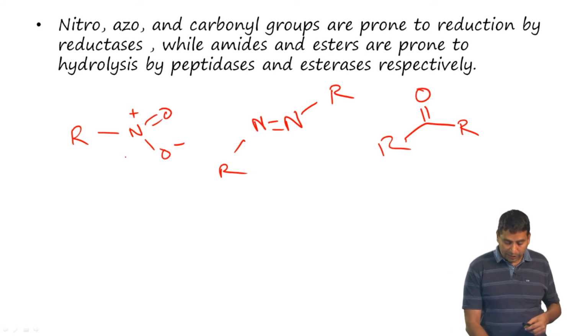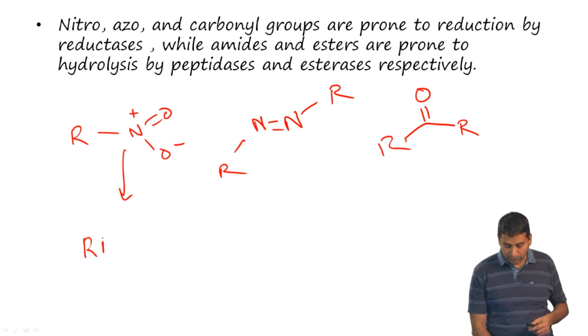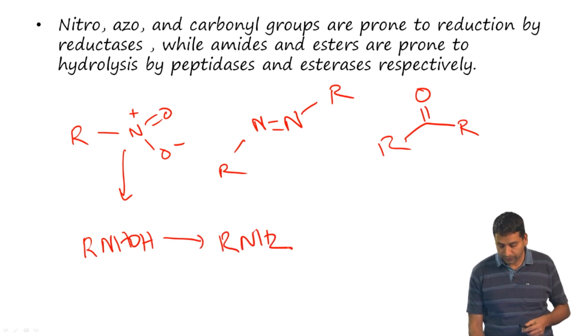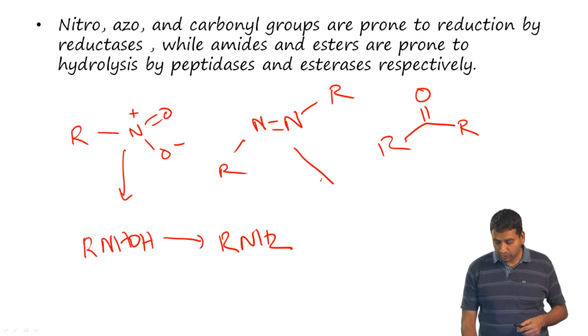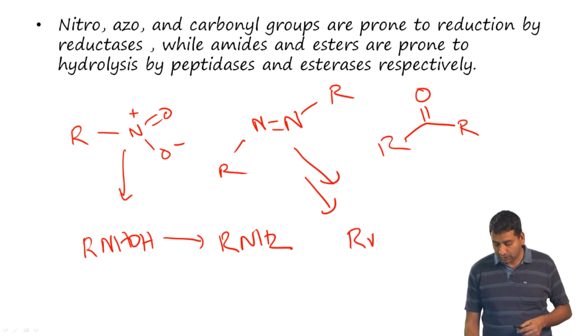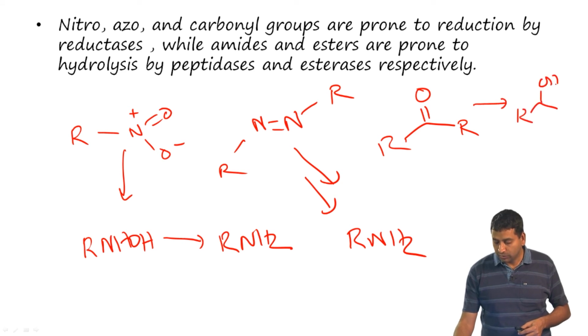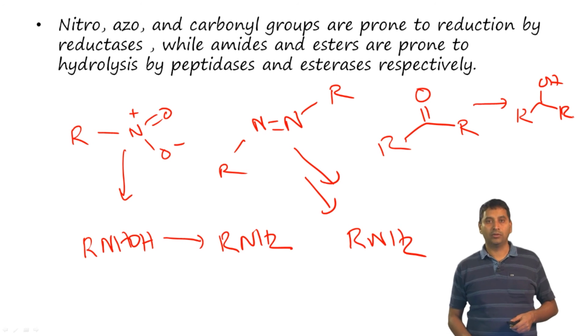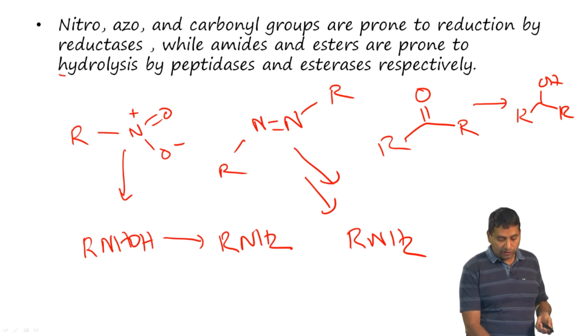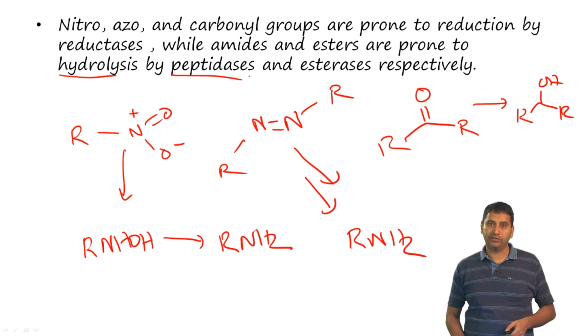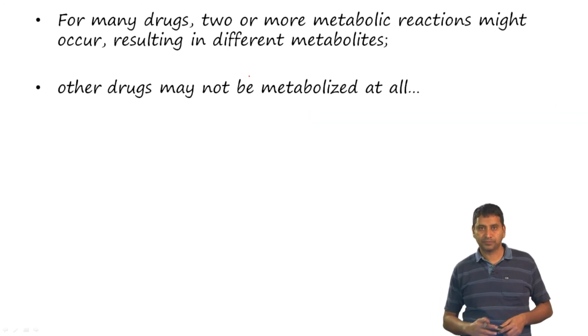When a nitro group undergoes reduction, it is going to form R-NH-OH, which in turn is going to get converted to R-NH2. A ketone can get converted to an alcohol. These are some of the reactions that can occur, and of course, amides and esters, as we discussed earlier, are susceptible to hydrolysis by peptidases and esterases. We have looked at these cases previously in detail, so I am not going to repeat this.